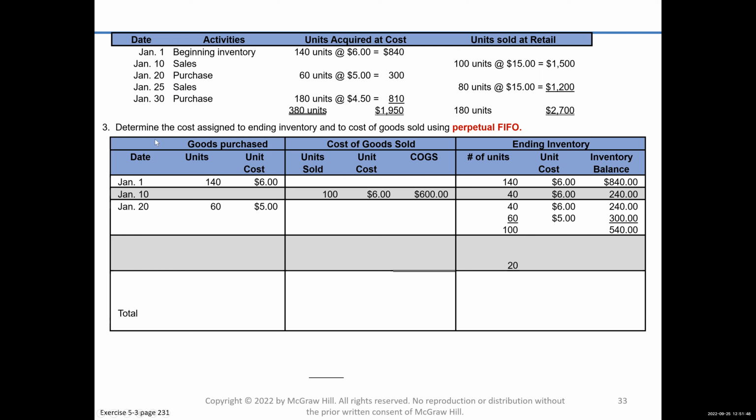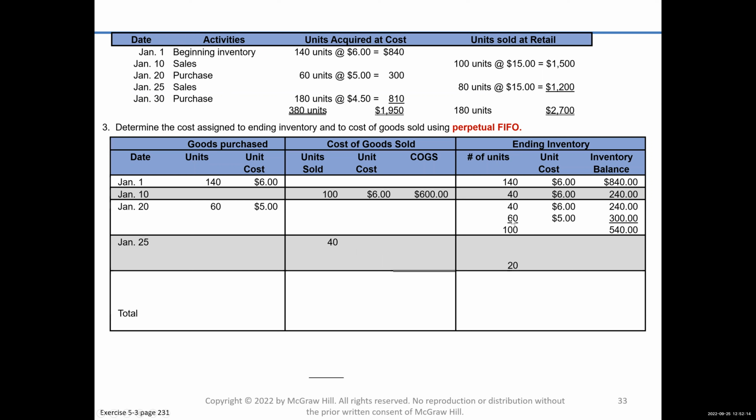Okay, now looks like we're going to be selling 80 units on the 25th. Now, the thing is, I jumped the gun on this. Which 80 are they? Is it going to be 40 of these and 40 of those? Is it going to be 60 of these and 20 of those?